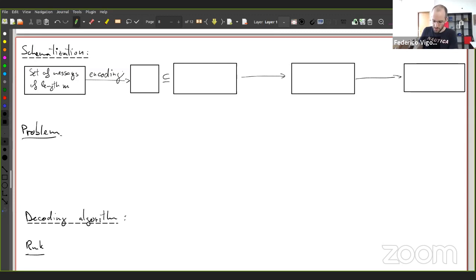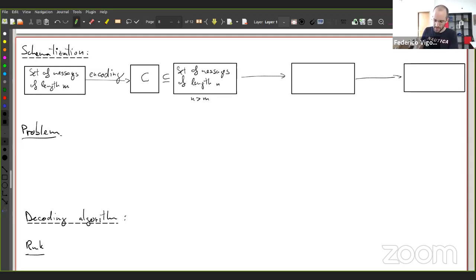in such a way that we obtain a subset of the set of messages of length n, for some n greater than m.